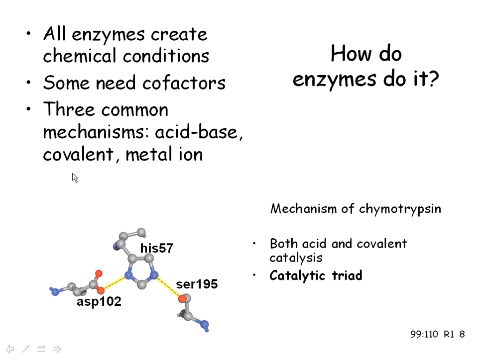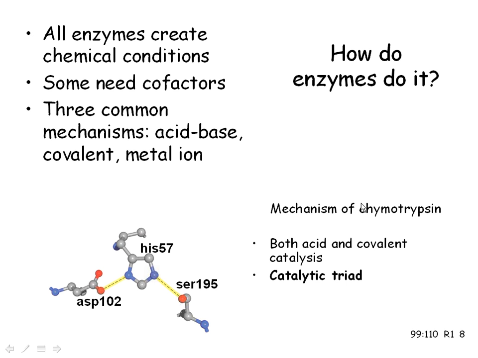Some of the reactions are covalent, where the reactant starts and actually then becomes covalently attached to the enzyme itself, and that either preserves energy in some way or allows a state to be reached that can't be reached any other way. And the third common one are metal ions, that the metal ion is sort of sitting there in the enzyme and allows chemistry to happen that can't happen from just the side chains of the amino acids.